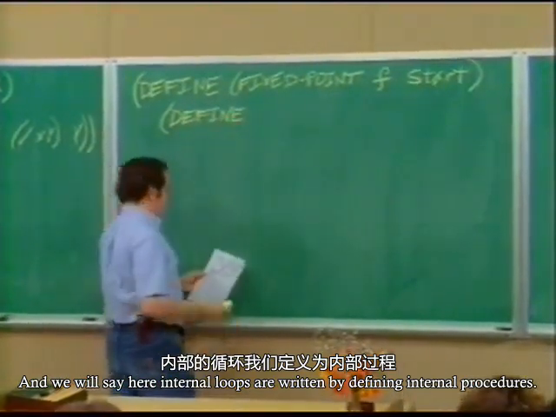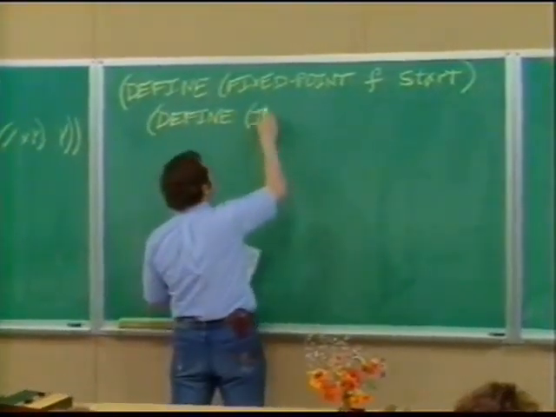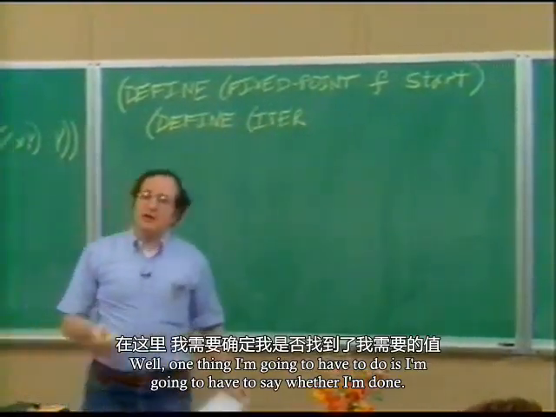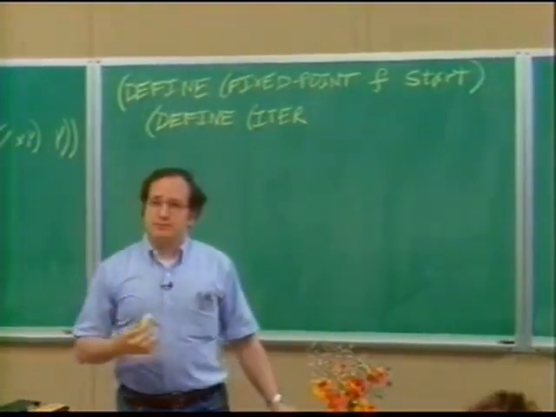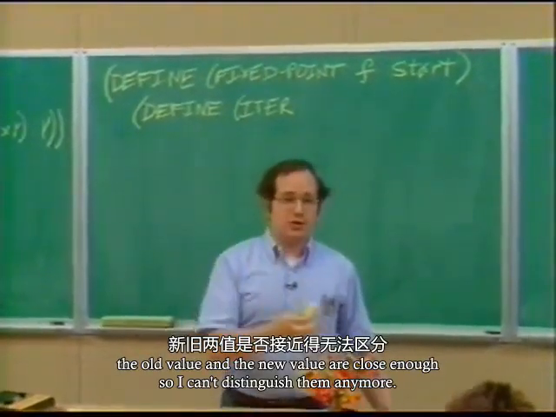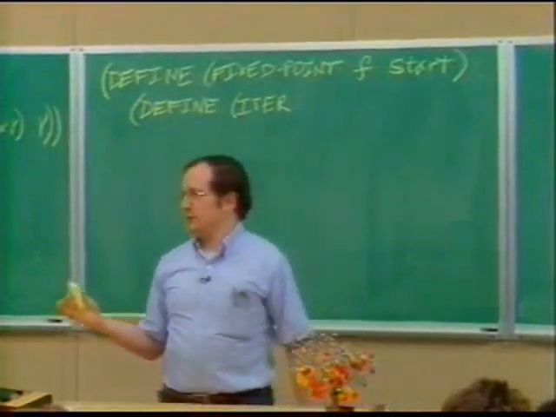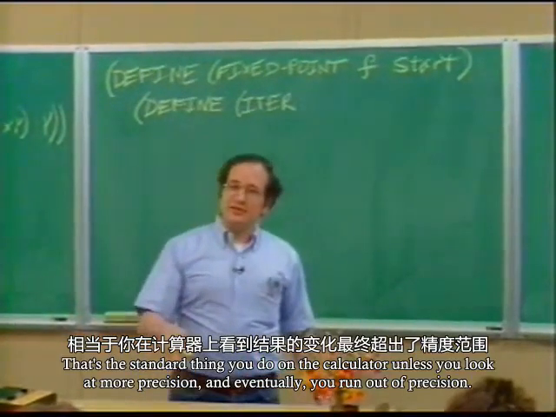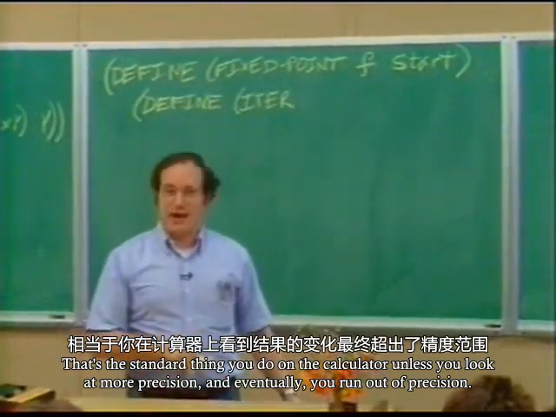And we will say here, internal loops are written by defining internal procedures. Well, one thing I'm going to have to do is say whether I'm done. And the way I'm going to decide when I'm done is when the old value and the new value are close enough so I can't distinguish them anymore. That's the standard thing you do on the calculator, unless you look at more precision, and eventually you run out of precision.